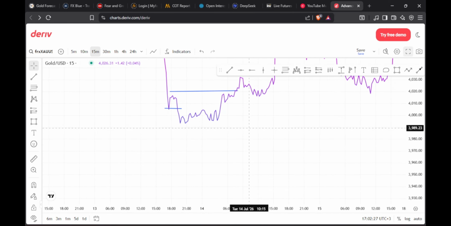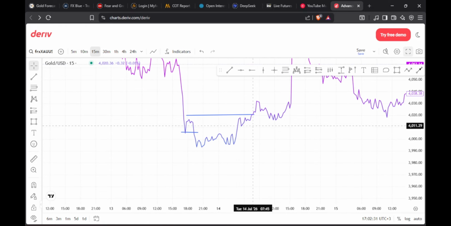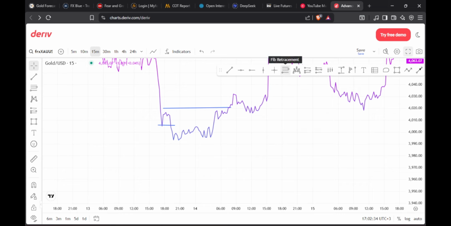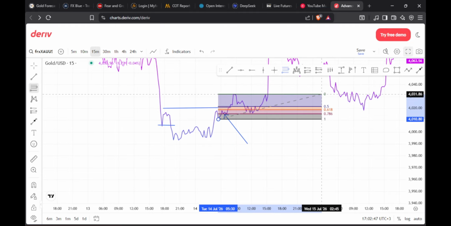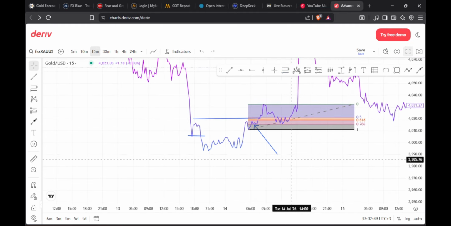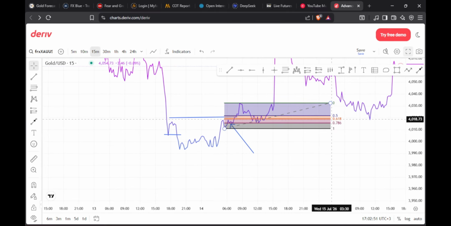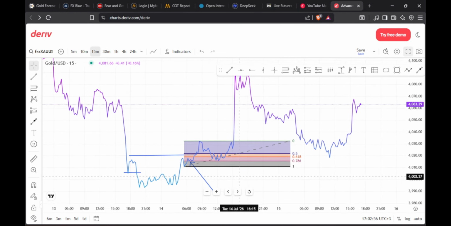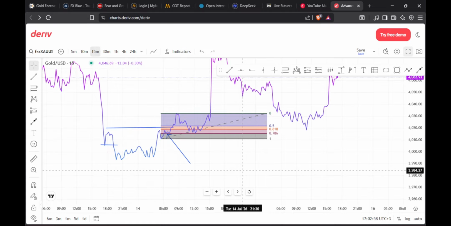So we had that move, we had our change of character. This leg is the leg that led to the change of character. So you take your Fibonacci retracement tool from that zone to this leg here, and wait for a retracement to the 0.76 zone, and wait for the market to play out.